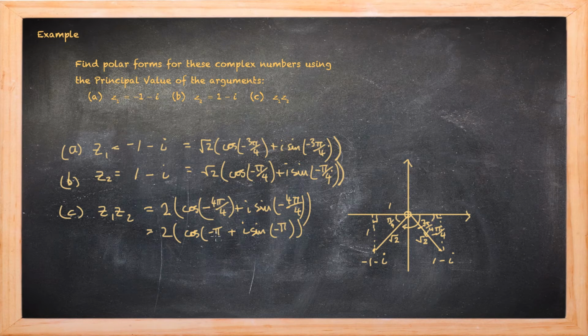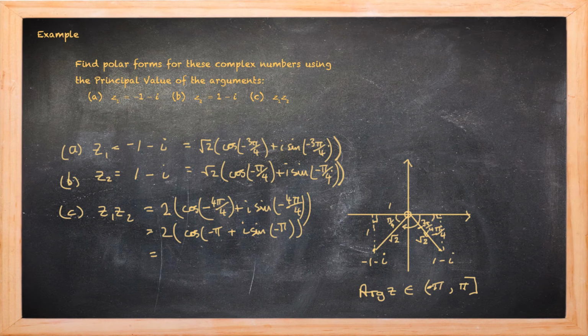Now, is that the principal value? Well, no, because the principal value of a complex number has to lie in the interval -pi up to pi. It includes pi, square bracket there, but not -pi. So -pi is not in the range we're after, so we would have to adjust it by adding 2 pi.